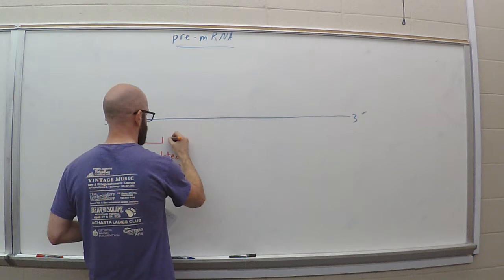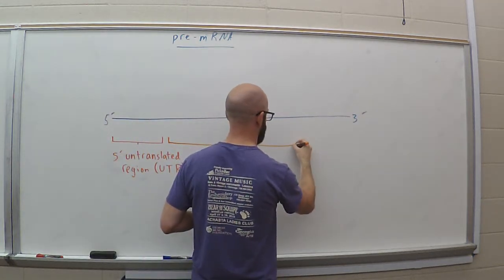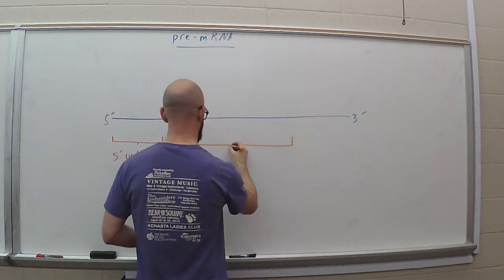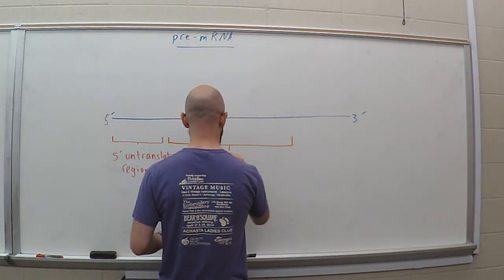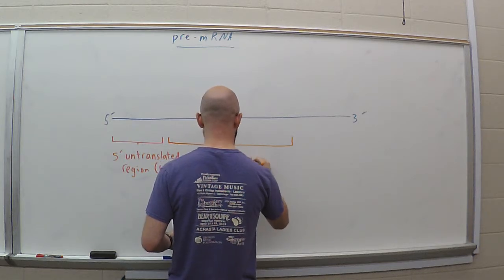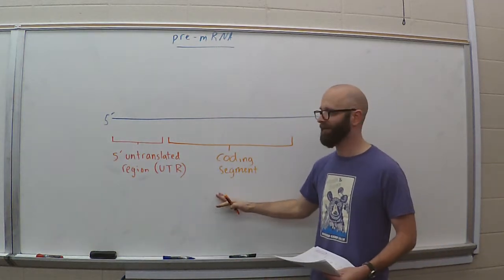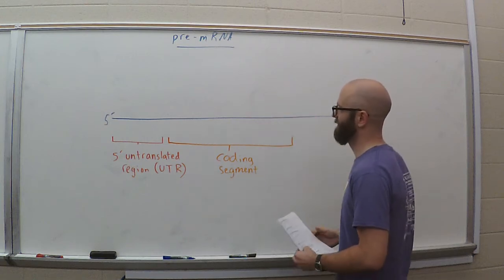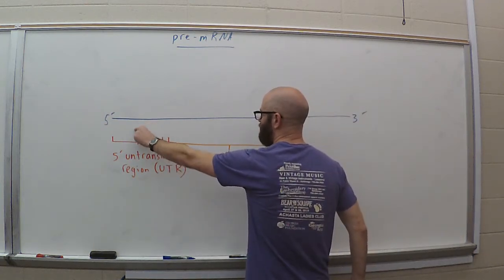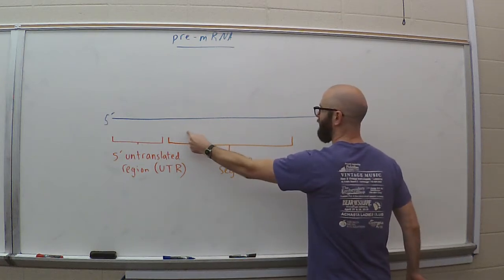And then you've got a long stretch called the coding segment. This is the segment that actually encodes the protein encoded by this gene. This 5' UTR doesn't encode any protein. The protein is all encoded in here.